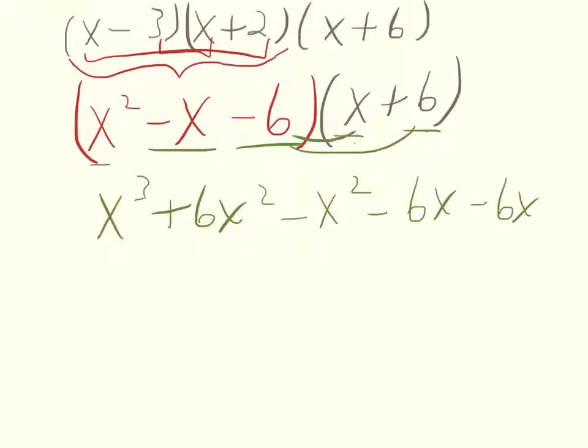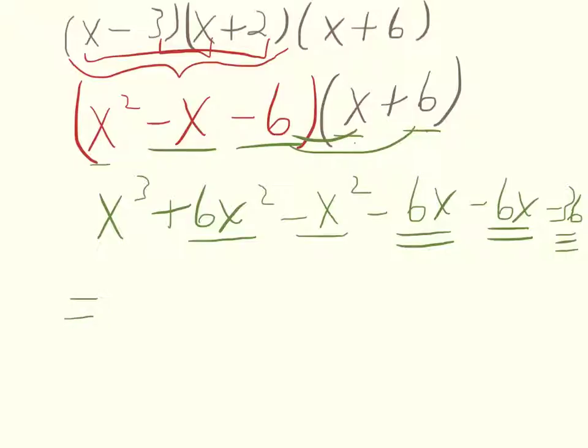And then here, probably should have drawn these lines, that might help. Negative 6 times positive 6 is negative 36. You can see that there. Okay, so again, as I did before, we have some like terms. I'll go ahead and underline those for reference. Okay, and now it's just a matter of combining like terms.